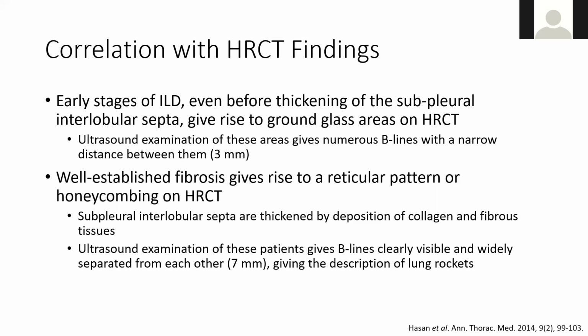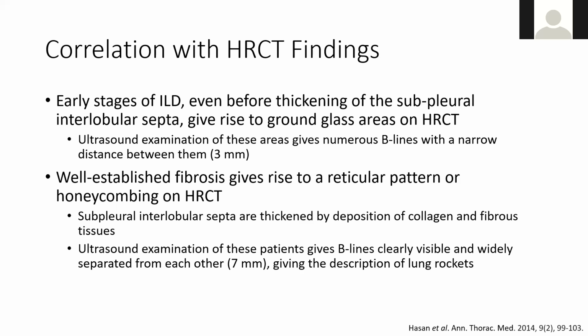Ultrasound examination of those areas will give numerous B-lines with a more narrow distance between them, approximately 3 millimeters. When you develop more well-established fibrosis, you get a reticular pattern or honeycombing on your high-res CT thorax, which then corresponds to a widened appearance of the B-lines on lung ultrasound. And that's associated with the subpleural interlobular septa being thickened from deposition of collagen and fibrous tissue.